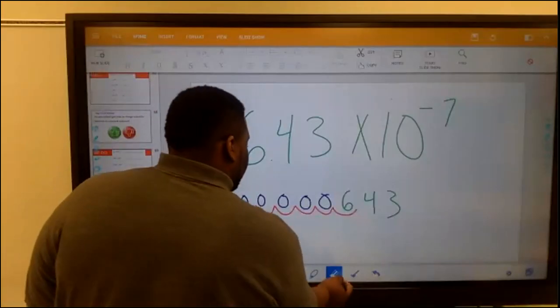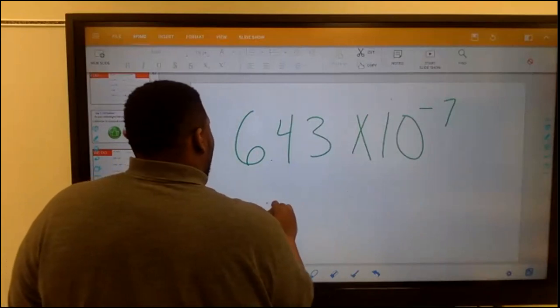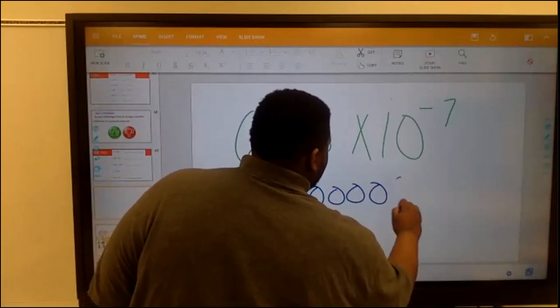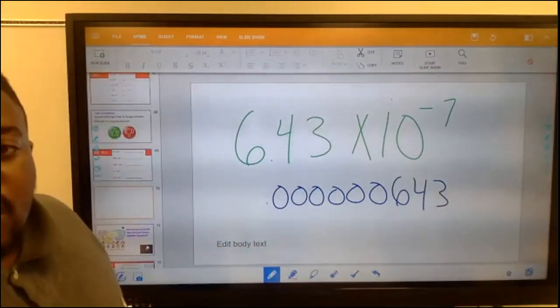We move it 1, 2, 3, 4, 5, 6, 7. All right, let's fill in our zeros: 1, 2, 3, 4, 5, 6. So your answer should be point, 1, 2, 3, 4, 5, 6, 4, 3.